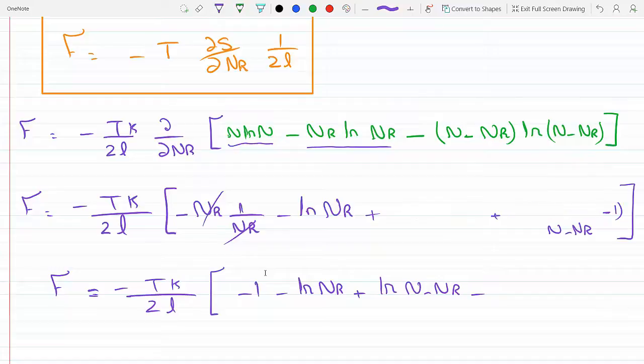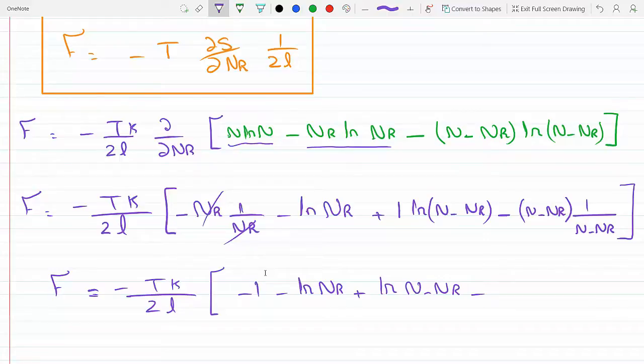Okay, let me repeat this step here. So we will get minus 1, so this is 1 times ln n minus NR, minus first as is, times 1 over n minus NR times minus 1, which would make this a plus.